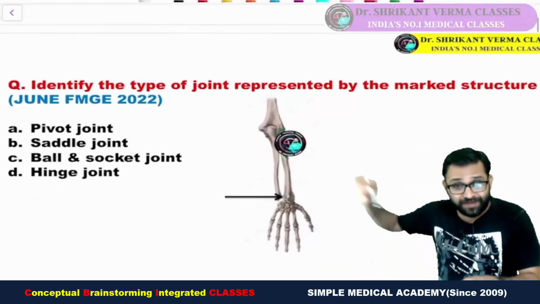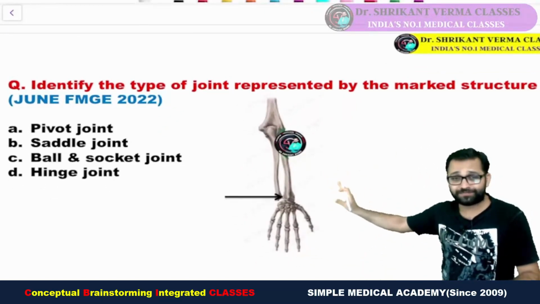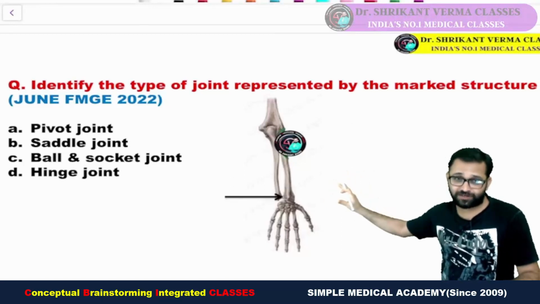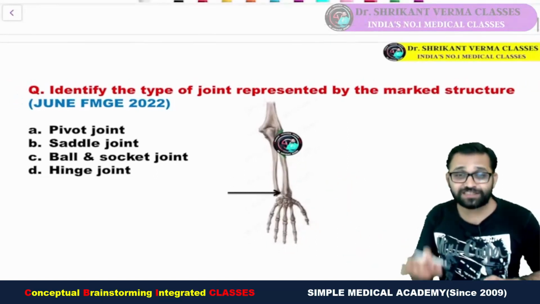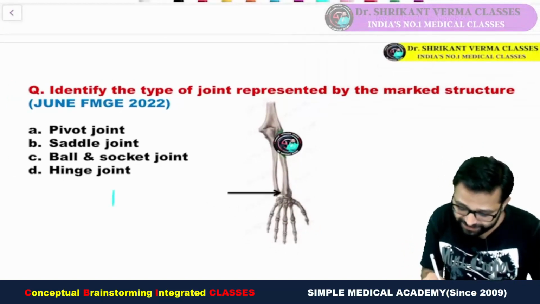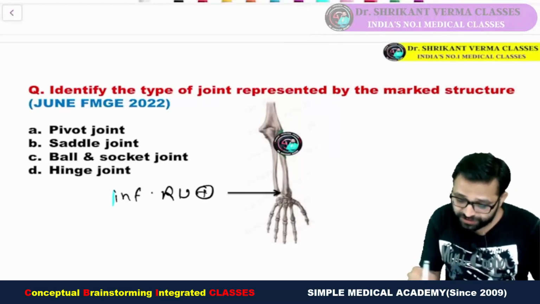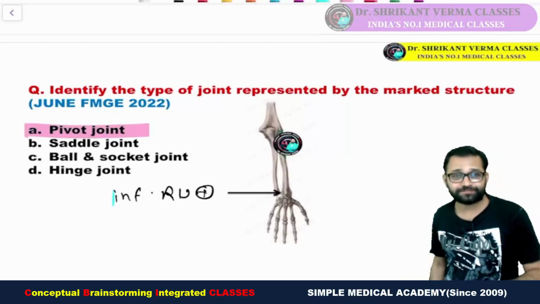Yes, the image may not be exactly the same, but this will give a clear-cut concept. So as we discussed, this is our inferior radioulnar joint, and I told you this inferior radioulnar joint is a pivot joint.